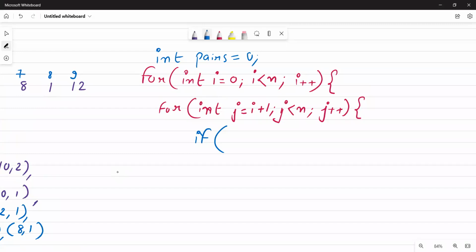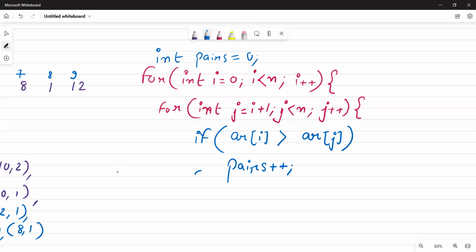Array of i should be greater than array of j. Yes. Okay. If this is the case, then you should increment your pairs. Pairs plus plus, right? Yes. And then simply you need to close this and you need to close this. Your work is done, right?